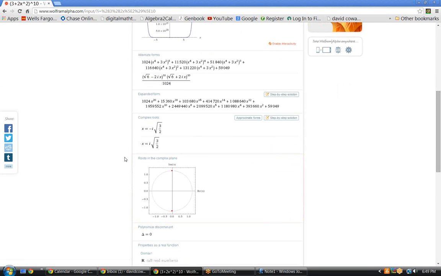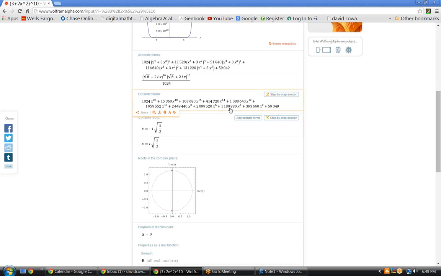Expanded format. Aha, 15360. See that number? That's always the same as the second to last number. In other words, the last number is always the first. 10,000. Remember, the first column of Pascal's triangle is always the same as the last column. And the second is the same as the second to last.